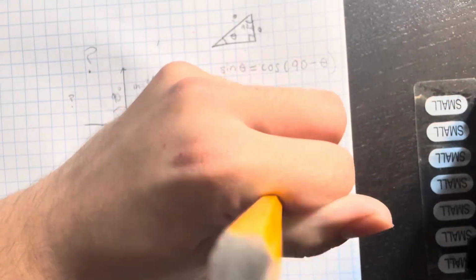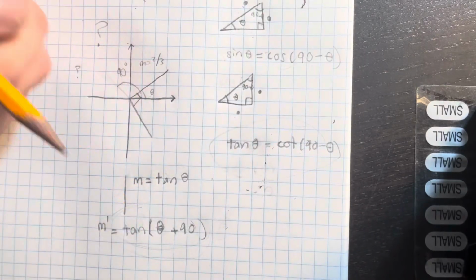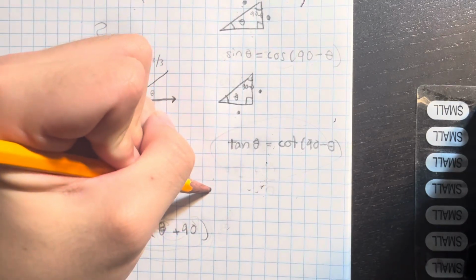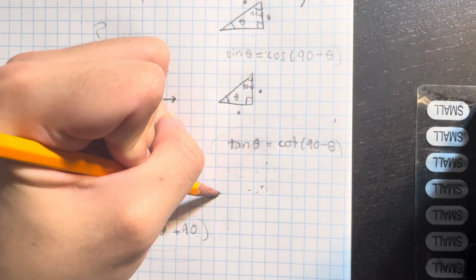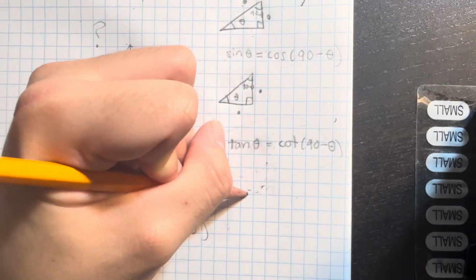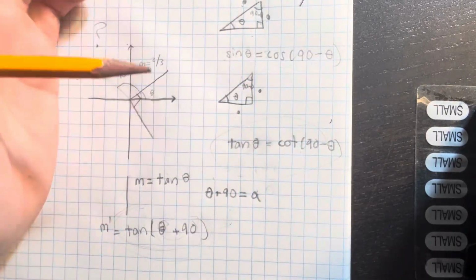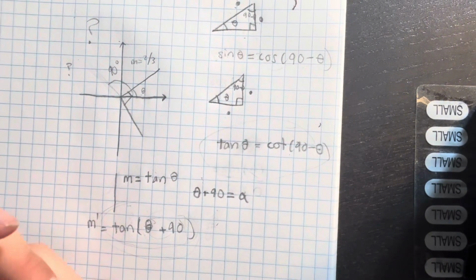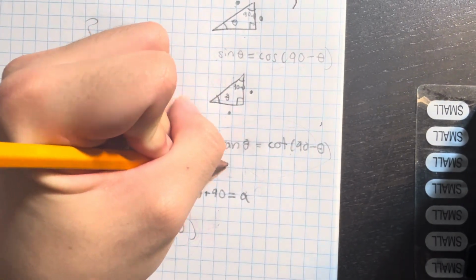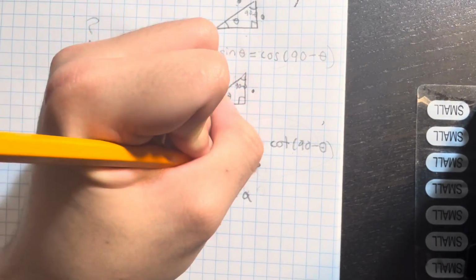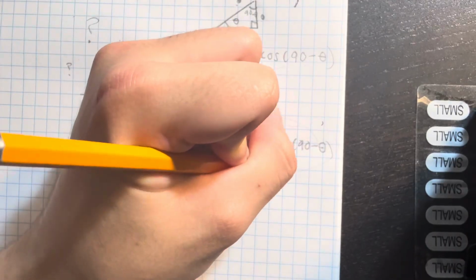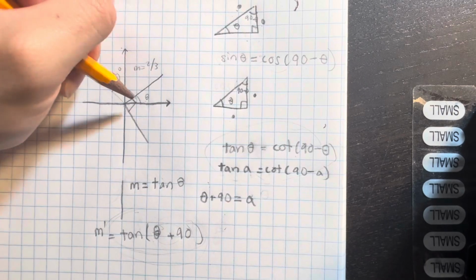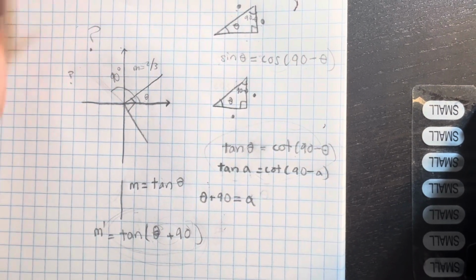So now to the main focus of the video. We're trying to simplify whatever this is. We have an expression here that I'm going to call theta plus 90. I'm just going to call that A. It's just a simple variable that we're going to use to simplify this using this property here. So we know that tangent of A is going to equal cotangent of 90 degrees minus A. And for this whole video, we're assuming that the angle measure is in degrees.